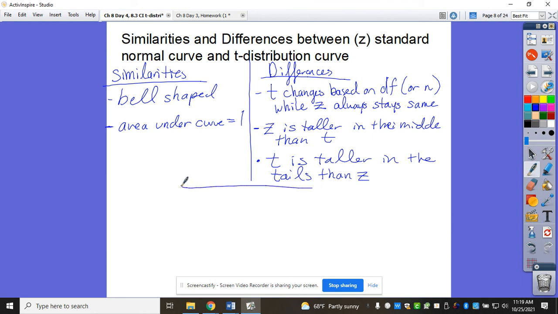And then I don't know where to write this. As N increases, T approaches, or gets closer to, Z. But I didn't like writing that as similarities or differences. I wasn't really sure where that goes.